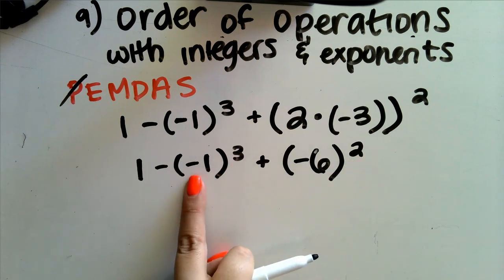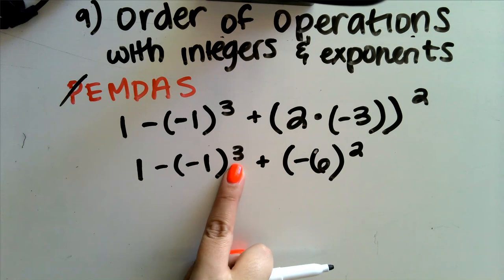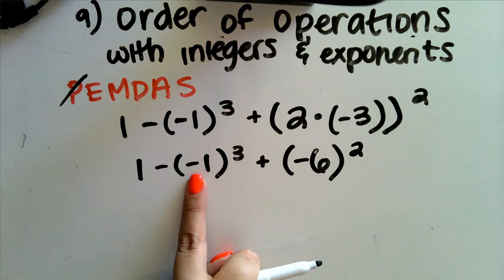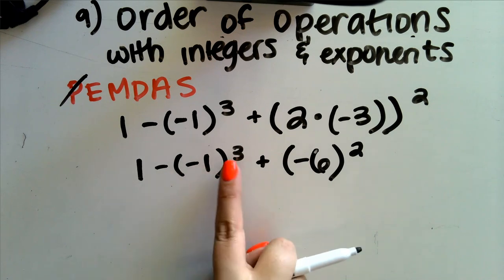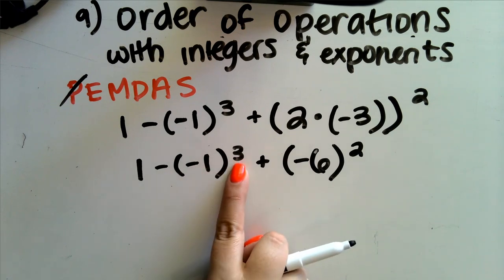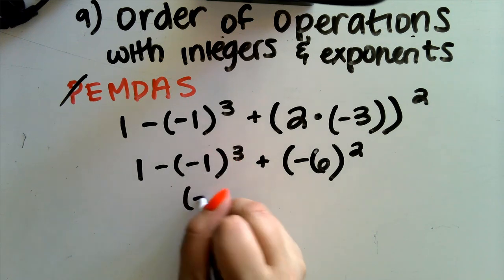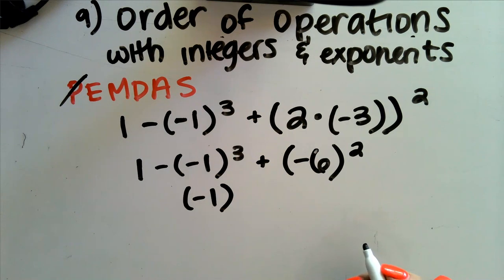Let's talk about this negative 1 to the third power first. I know that 1 to any power is going to equal 1, but this is a negative 1. And I also know that a negative sitting inside of the parentheses, when I have an odd exponent, 3 is an odd number, it's just going to be negative 1.